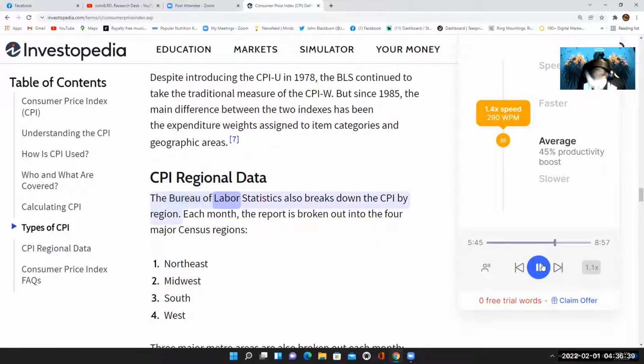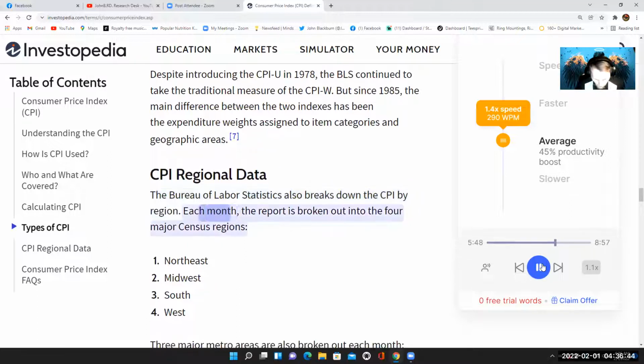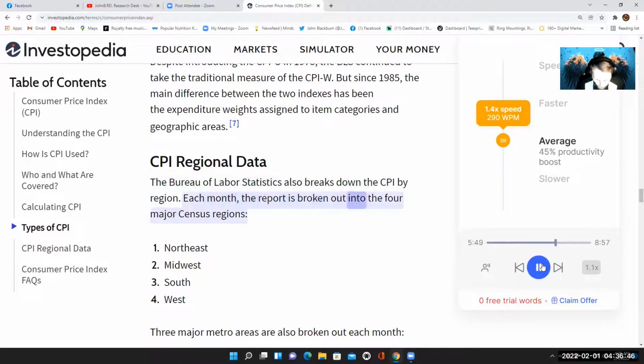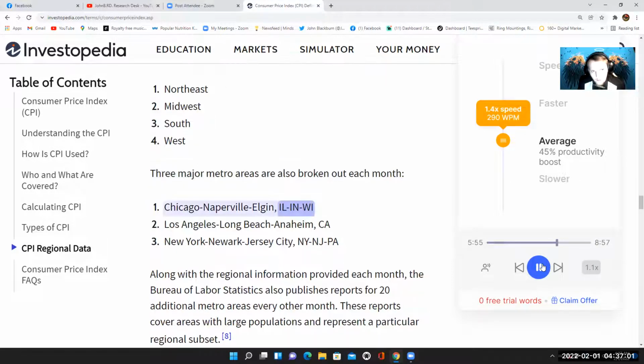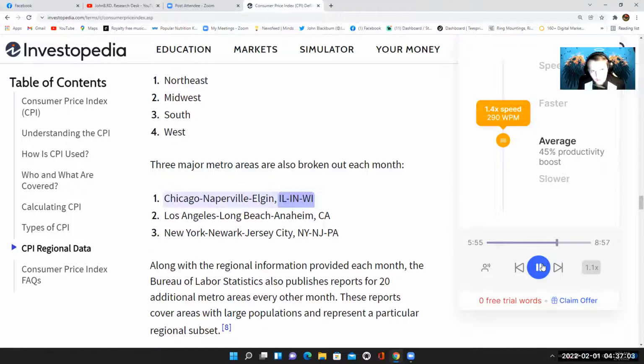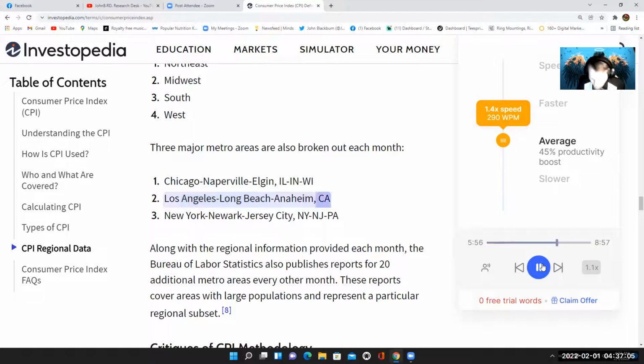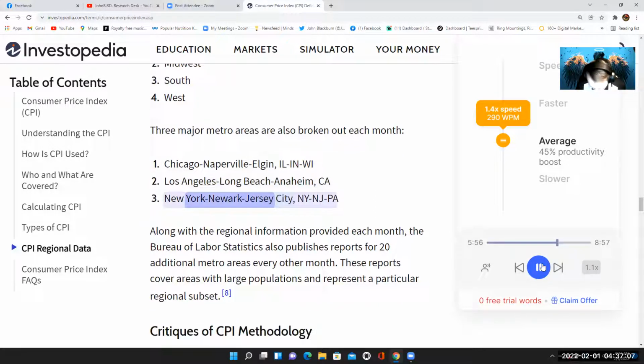CPI Regional Data. The Bureau of Labor Statistics also breaks down the CPI by region. Each month, the report is broken out into the 4 major census regions: Northeast, Midwest, South, West. 3 major metro areas are also broken out each month: Chicago, Naperville, Elgin, IL-IN-WI; Los Angeles, Long Beach, Anaheim, CA; New York, Newark, Jersey City, NY-NJ-PA.